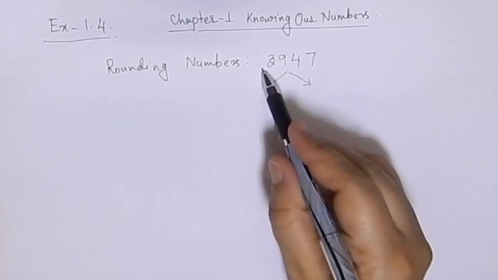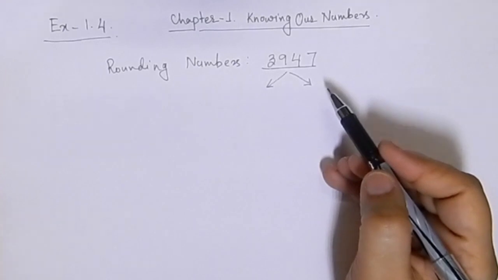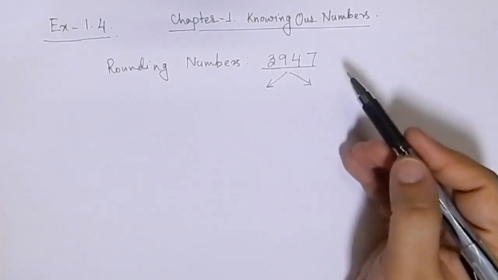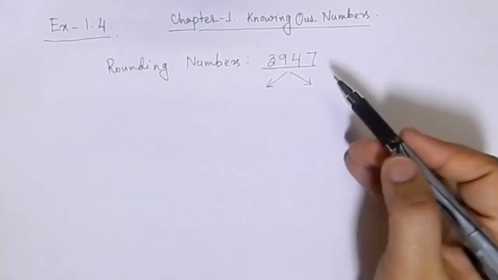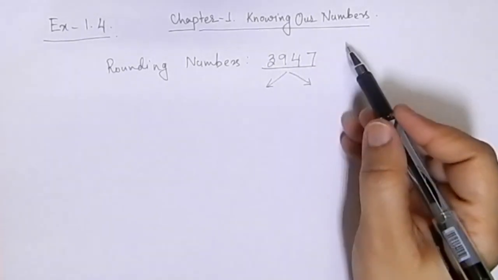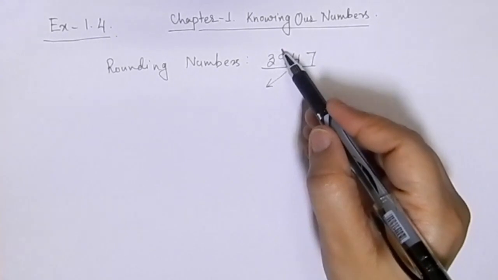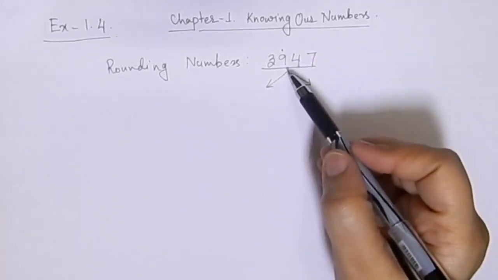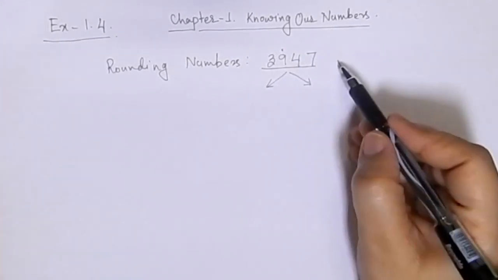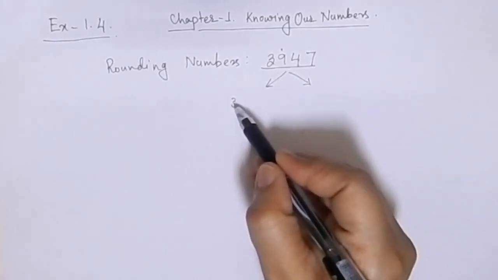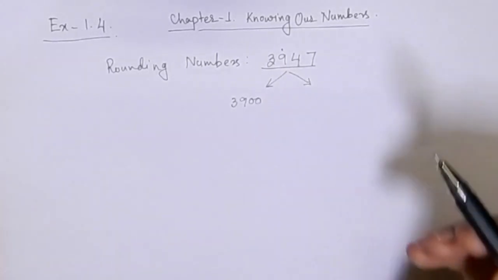That means to the nearest complete number. Like if you want to round off to the nearest 100, that means till the hundreds place, so it is near to 3900. So this is rounding off.